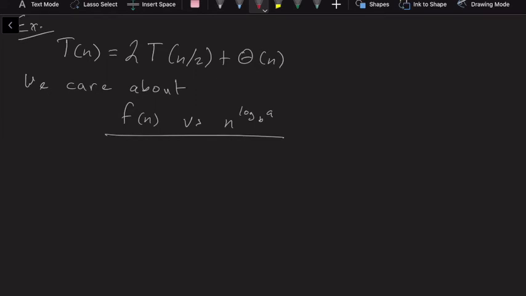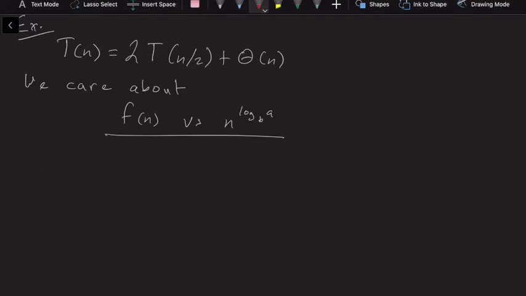So what we care about is that. What is f of n? In this case, f of n is theta of n.